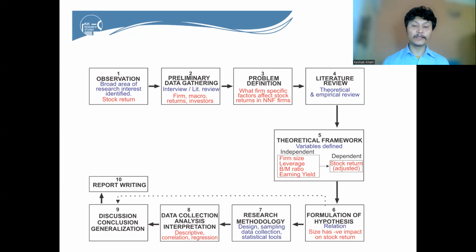If there is any confusion in any step, the researcher can always go back to the literature review and clear his or her doubts. That is why the literature review is very, very important, and it is advisable that we have a very good literature review, with sound, highly accepted literature and reliable sources.